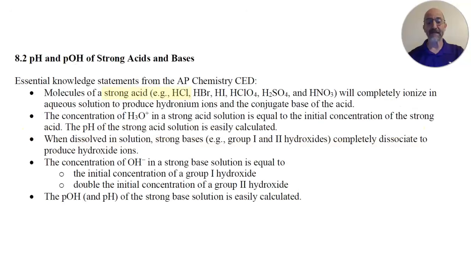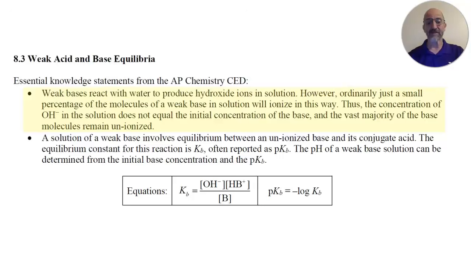So HCl, hydrochloric acid, is on your list of 6 strong acids that you should memorize for the AP Chemistry exam, but strong bases are metal hydroxides where the metal is in group 1 or group 2, and that's not what aniline represents. So aniline is a weak base, and when you see a weak base, whether that's ammonia or aniline or anything else, then that weak base only partially ionizes in aqueous solution.